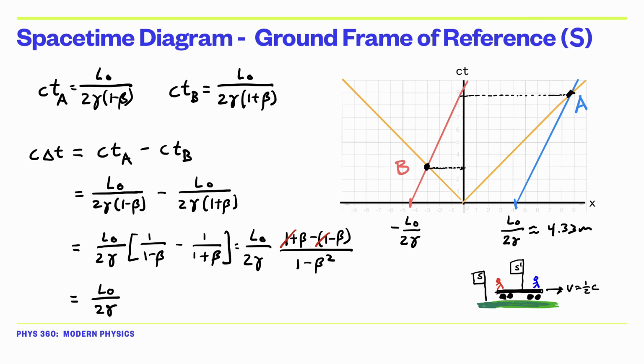This simplifies to L0 over 2 gamma times 2 beta over 1 minus beta squared. Because 1 over 1 minus beta squared is simply gamma squared, this term simplifies to L0 over 2 gamma times 2 times beta gamma squared, or L0 times beta gamma.